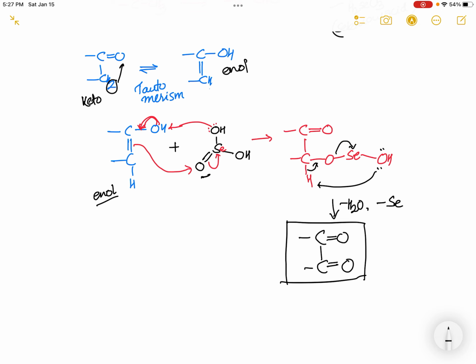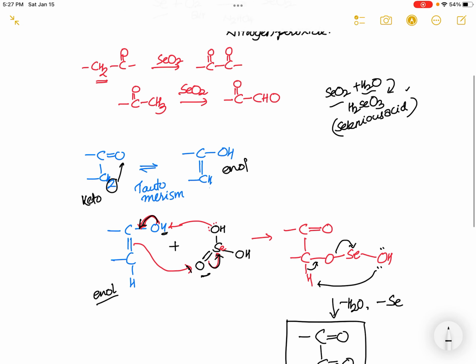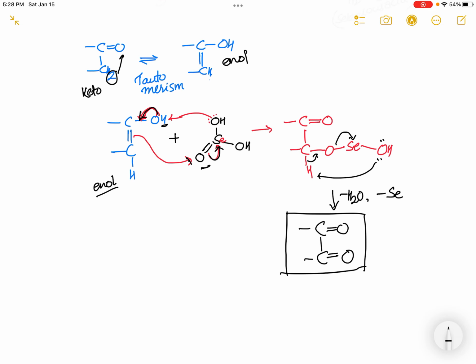From the enol form, the proton is lost, this oxygen forms a double bond, and this double bond attacks this oxygen. This bond is shifted to selenium. So H2SeO3, selenious acid, is now converted into selenium. H2O is removed, and finally you get this compound.